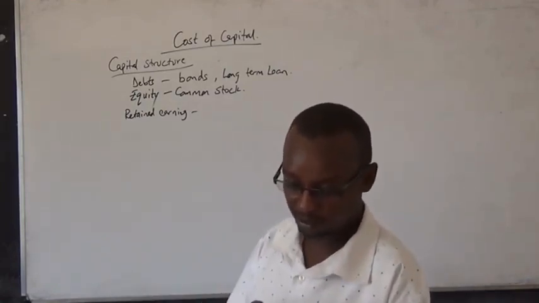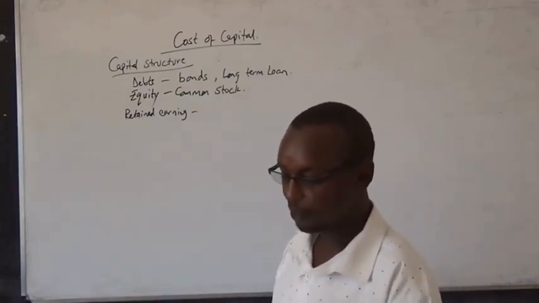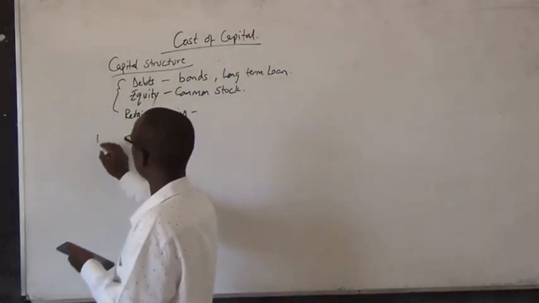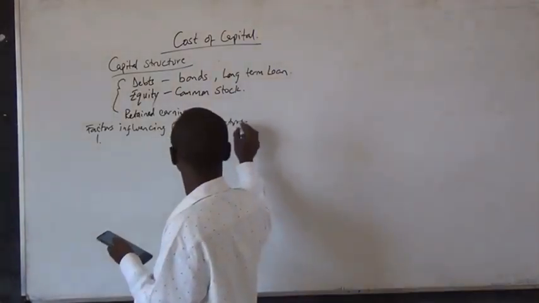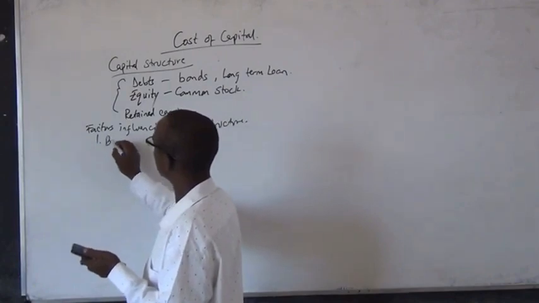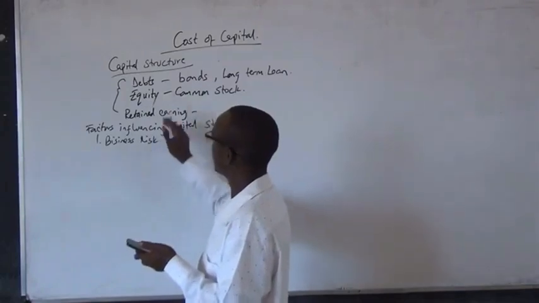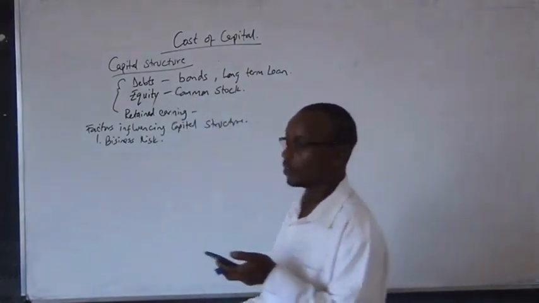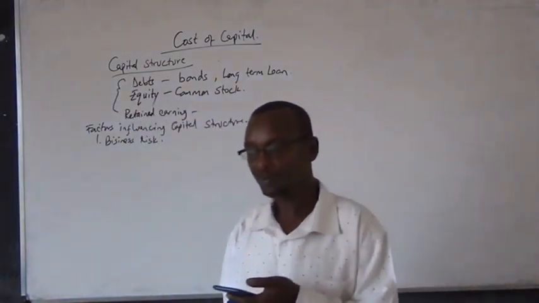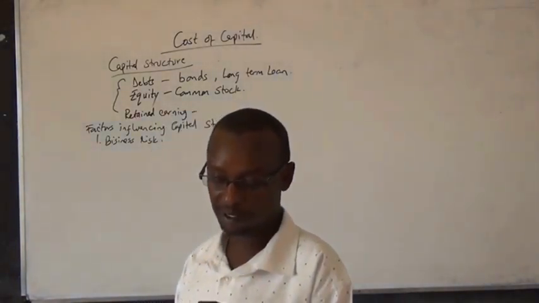Then something we need to look at is the things that influence the company's capital structure. Number one, we have business risk. As we have seen, our structure is made up of those three things, and one of the things that influences it is the business risk.